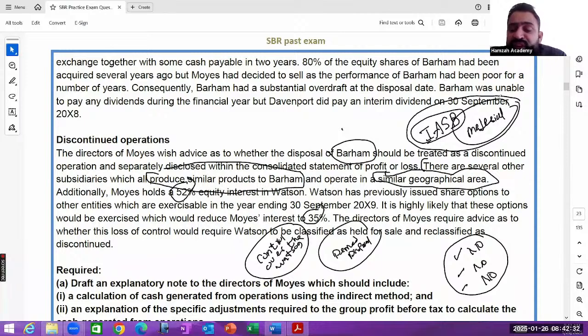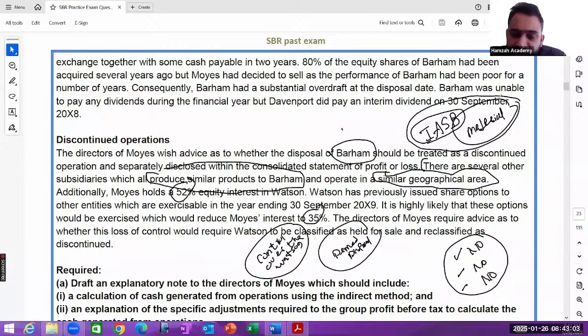There is no information given regarding whether Watson company meets that criteria, that is, whether Watson produces a product, which means that if we withdraw the Watson company, we are withdrawing from the product or from a geographical area. But for that purpose, we need information, and that information is not available in that question.